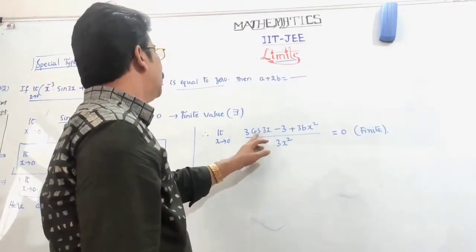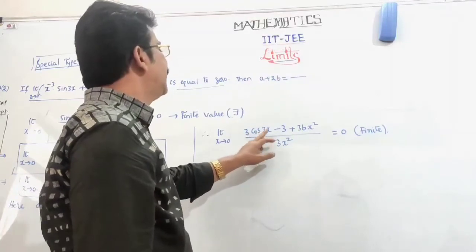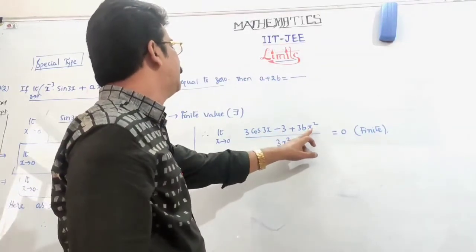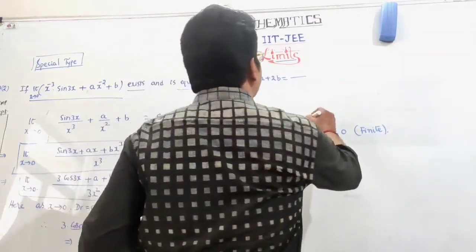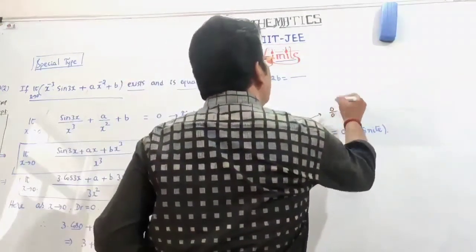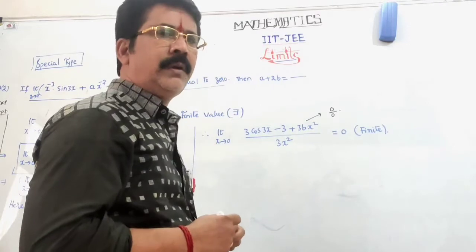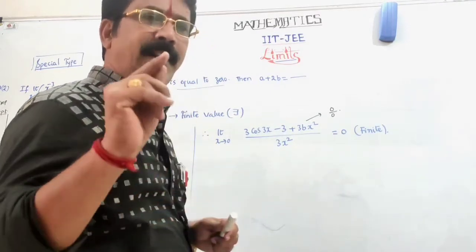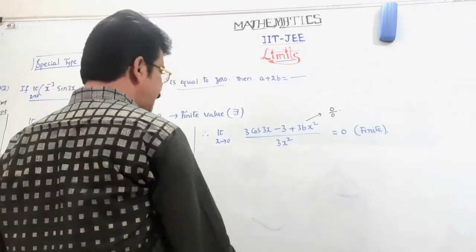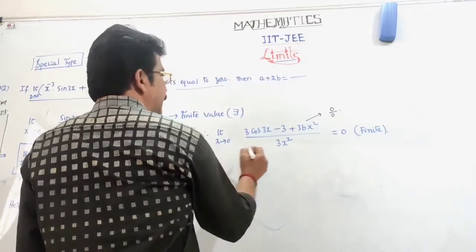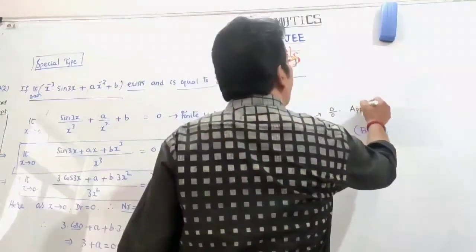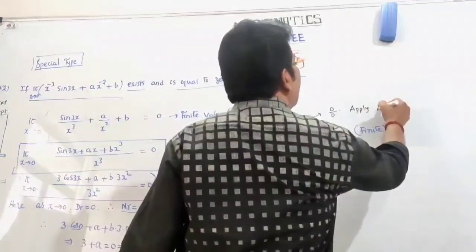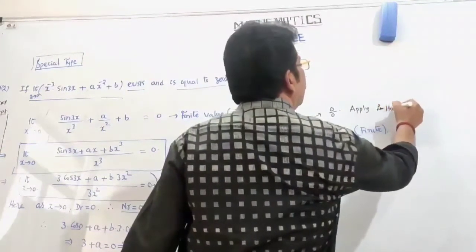So 0, cos 0, 1, 1 into 3, 3 minus 3, 0, 0 by 0. Again here, in this case, we are getting 0 by 0. Therefore, we are permitted to use L'Hospital rule. Therefore, apply L'Hospital rule.